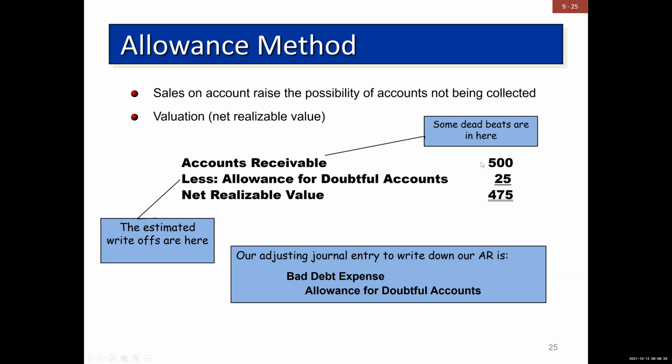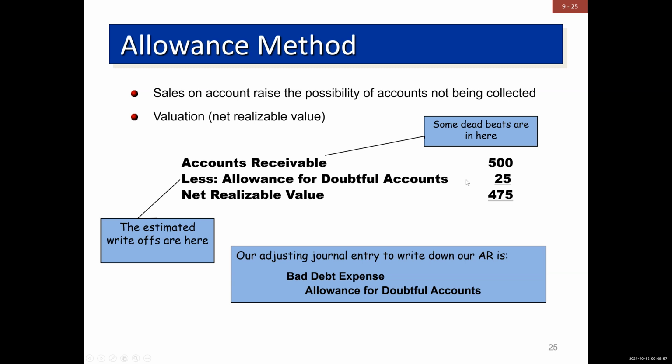We know from experience that's not the case, that we need to write down the receivables to net realizable value. So let's say that of this 500, we think that $25 worth are going to go bad. And so we're going to write that down by this contra asset account called allowance for doubtful accounts.